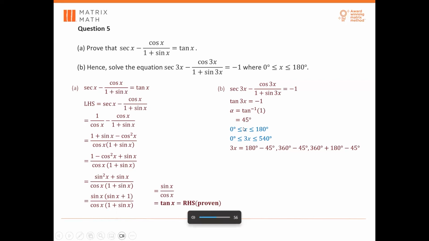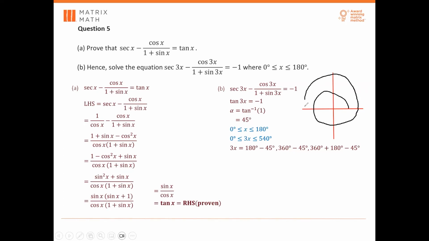Why the third one is a bit weird is because your range hits up all the way till 540. Okay. So when you're drawing for the quadrant, this is your ASTC, right? So when you go one full circle, it's 360. Then 360 degrees. Then plus another 180, reaching up to 540.